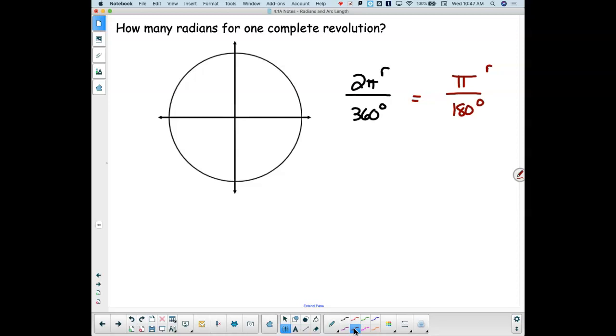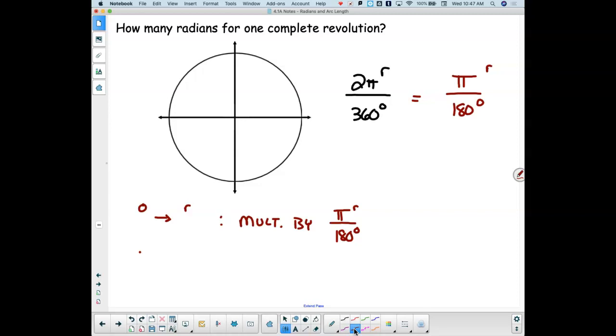So if you are going from degrees into radians, you are going to multiply by pi over 180, because your degrees then are going to cancel out. If you had 78 degrees, you multiply it by pi over 180, now you're in radians.